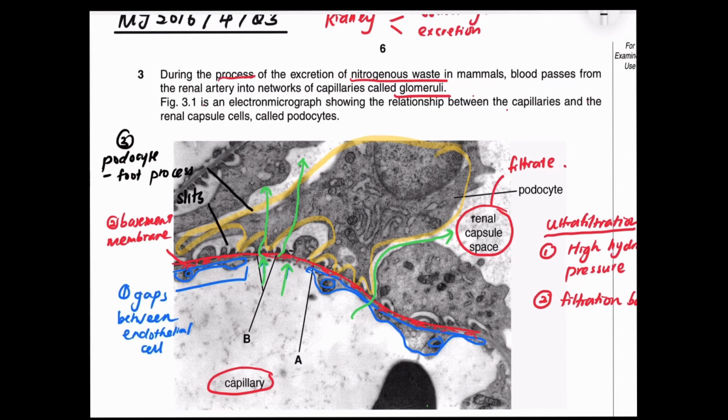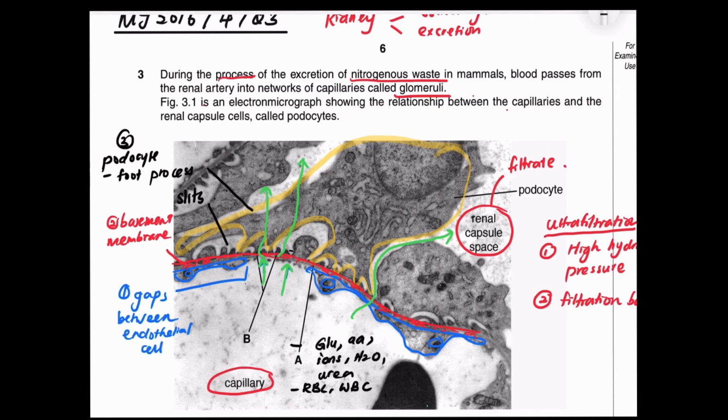So what are the substances that you can find in the glomerular filtrate? So in the blood, we know that there are things like glucose, amino acid, mineral ions, water, and urea. And we have cells like red blood cell, we have white blood cell.